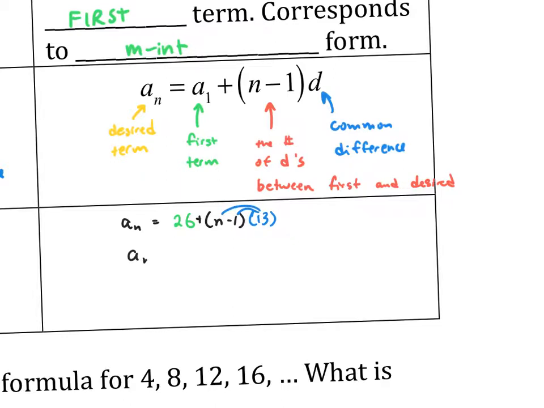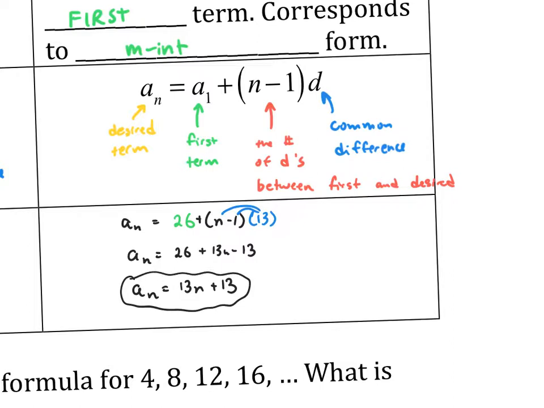So a_n is equal to 26 plus 13n minus 13. And finally, when I simplify, I get 13n plus 13. So this is the explicit formula, simplified.